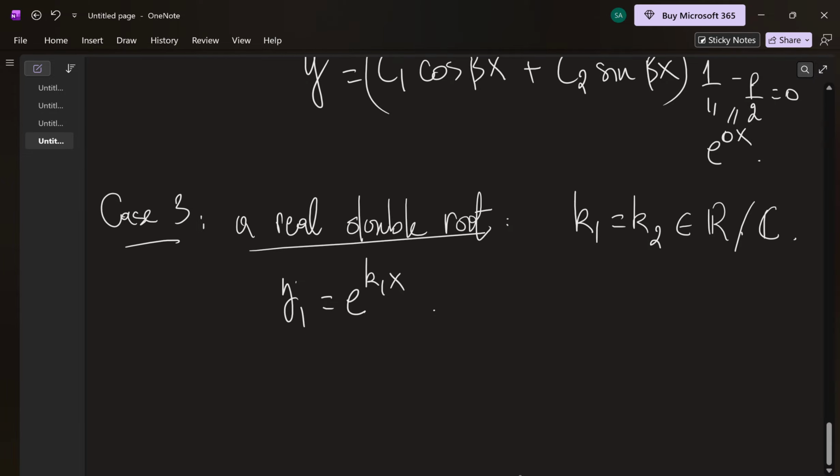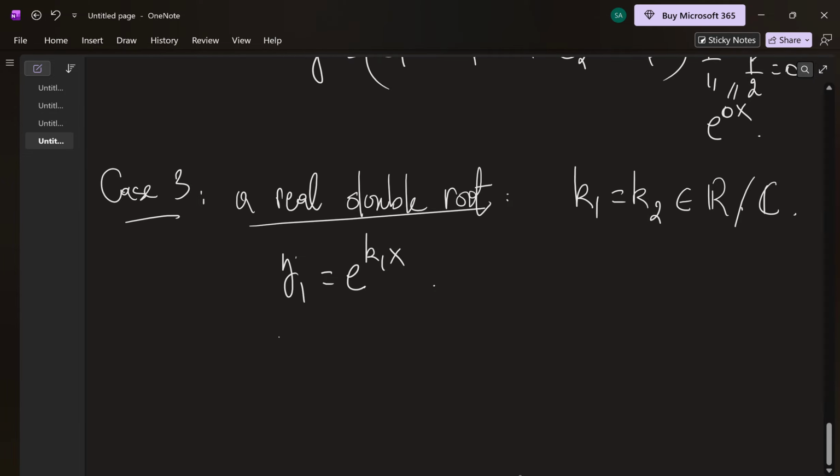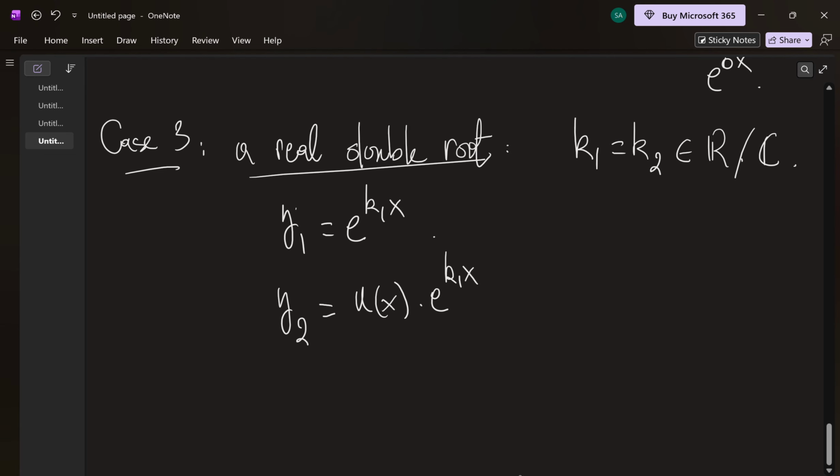To do this, let's suppose that the second solution y2 is some function u of x times the first solution, which is exponential k1 x. If you differentiate this, you will get u prime exponential k1 x plus k1 u exponential k1 x.